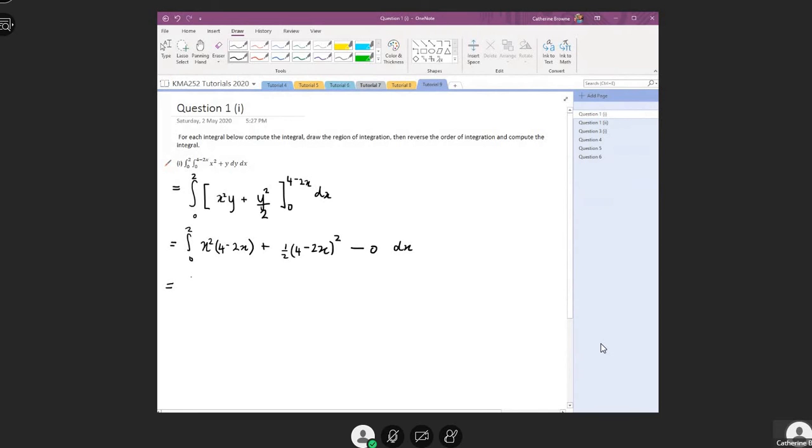And so then to integrate, it's easy if I just expand and simplify. So we get 4x squared minus 2x cubed plus half. So 4 by 4, 16. 4 by minus 2x, but we'll get 2 lots of those, so we get minus 16x, and then minus 2x squared, so that's plus 4x squared.